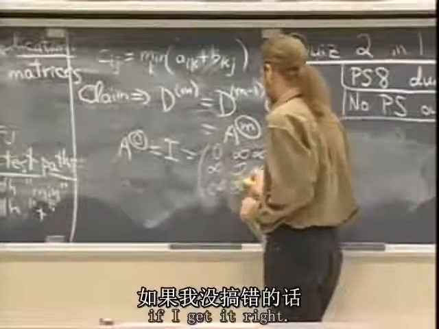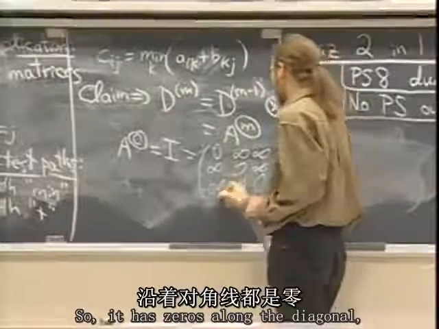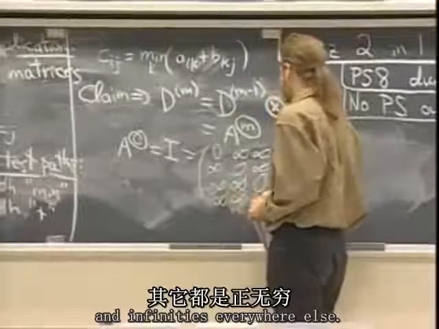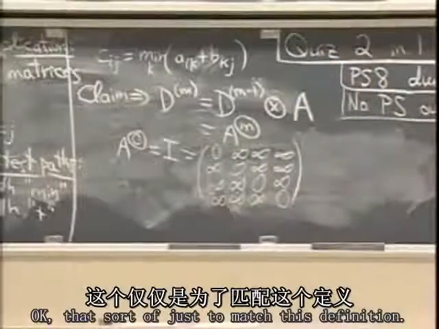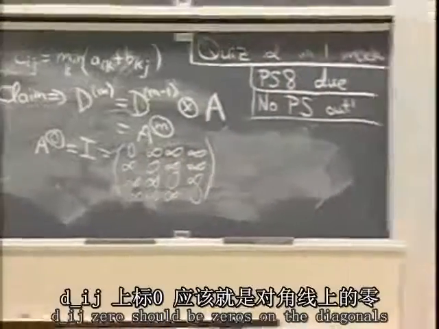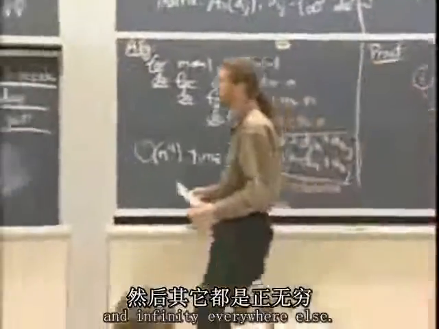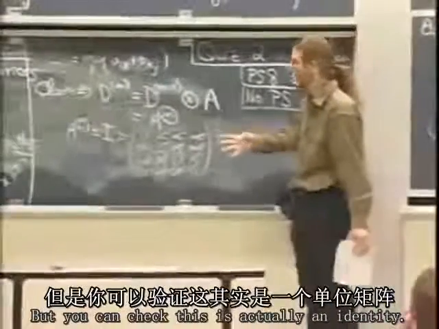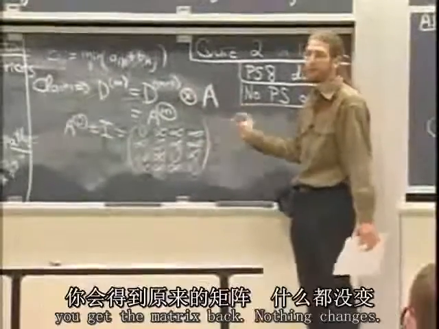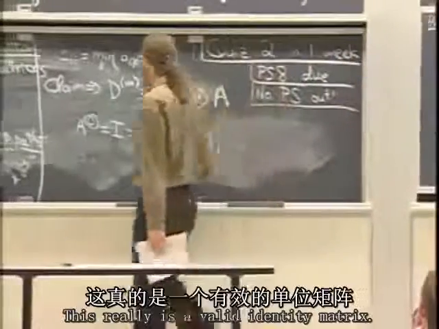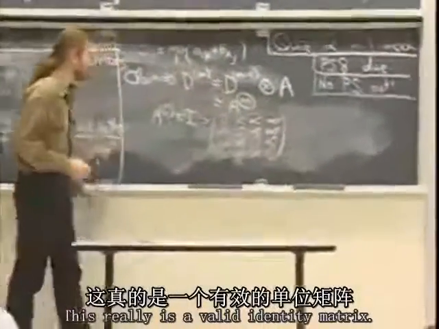It has zeros along the diagonal and infinities everywhere else. That's just to match this definition: Dij 0 should be zeros on the diagonals and infinity everywhere else. But you can check this is actually an identity. If you multiply it with this funny multiplication against any other matrix, you get the matrix back. Nothing changes. This really is a valid identity matrix.